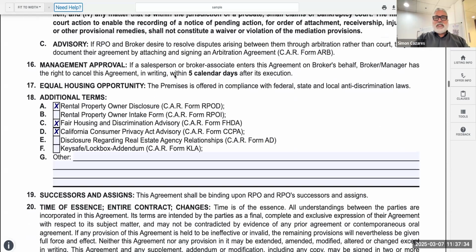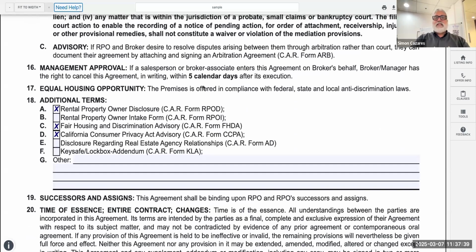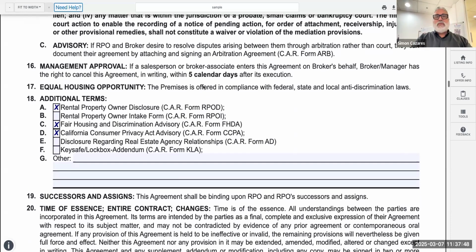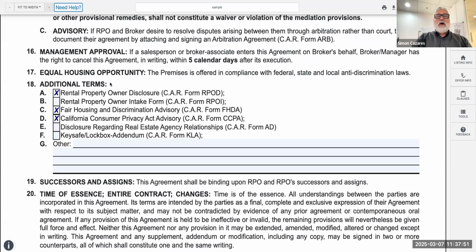Advisories: basically there is a form, the ARB form, that is included if there is an arbitration needed between agents, landlord, or even possible tenant, we will go through the arbitration process. All these documents must be approved. A salesperson or broker entering into the agreement on the broker's behalf: the broker manager has the right to cancel the agreement within 5 calendar days after the execution.